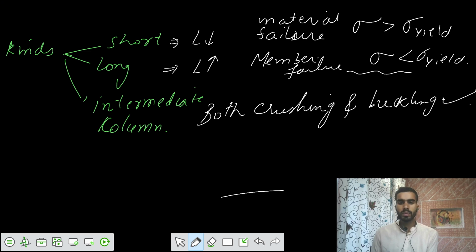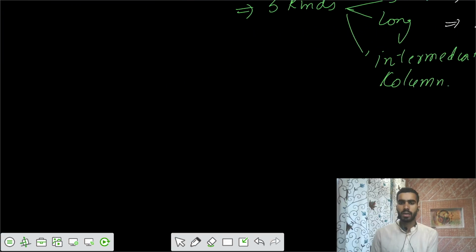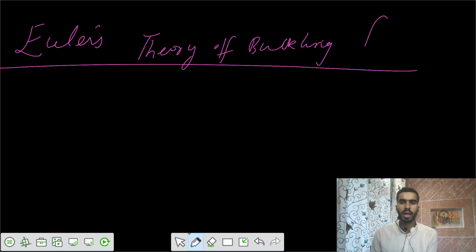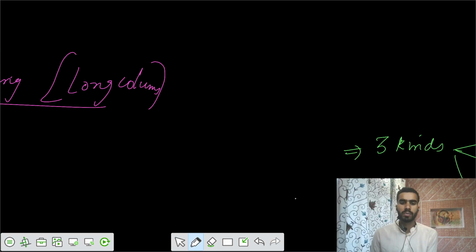So we have that theory, the theory of buckling. We call it Euler's theory of buckling. Let's write that for the columns. Euler's theory of buckling is for long columns. Long columns undergo buckling, which is a member failure: the member goes into buckling mode.